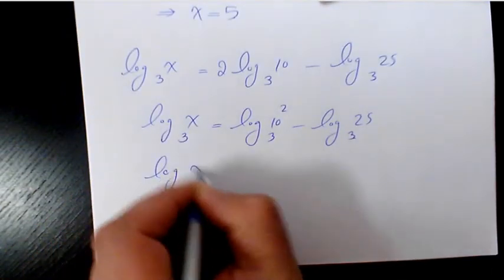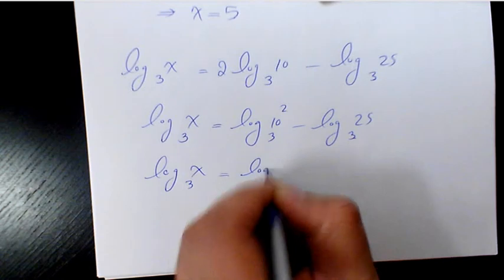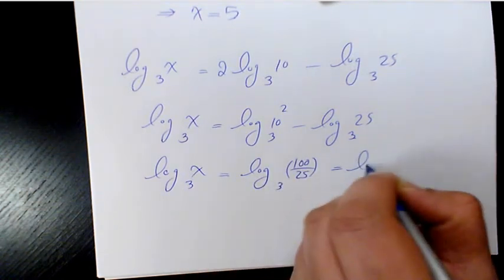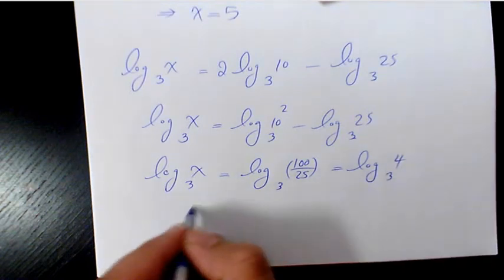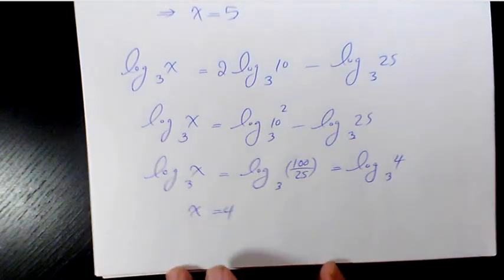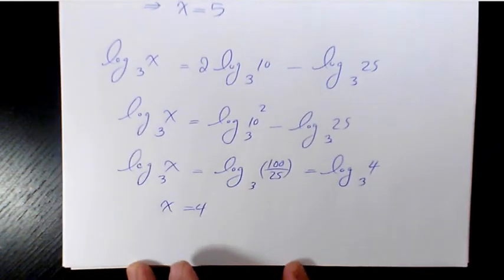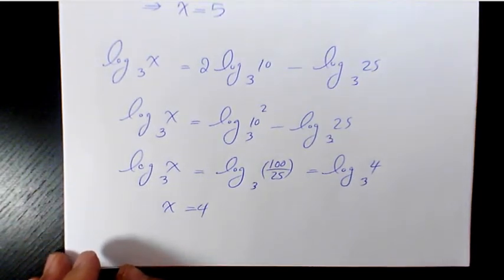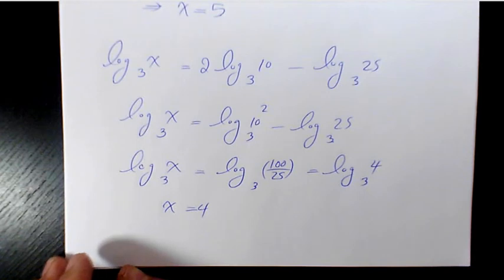So log x base 3 equals log 100 divided by 25 base 3. So log 4 base 3. x is going to be equal to 4. So these are some examples I wanted to show you in order to use some laws of logarithms in order to solve for x. I hope you enjoyed this video.